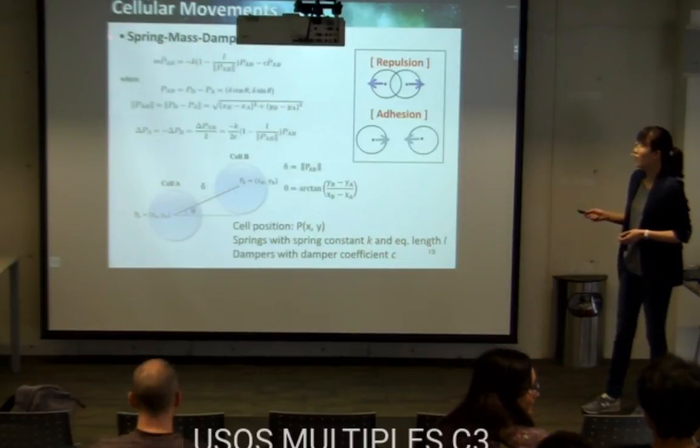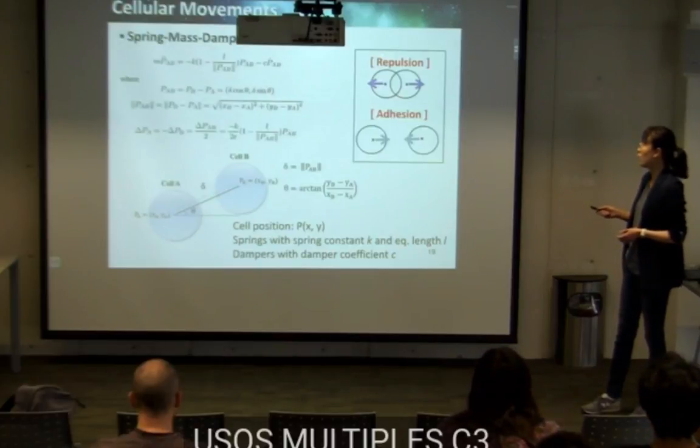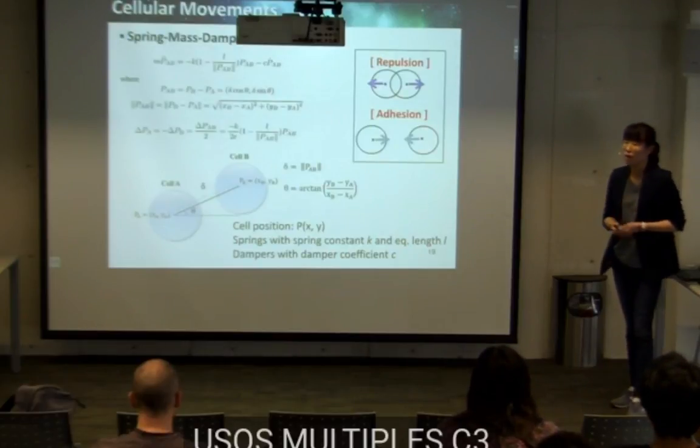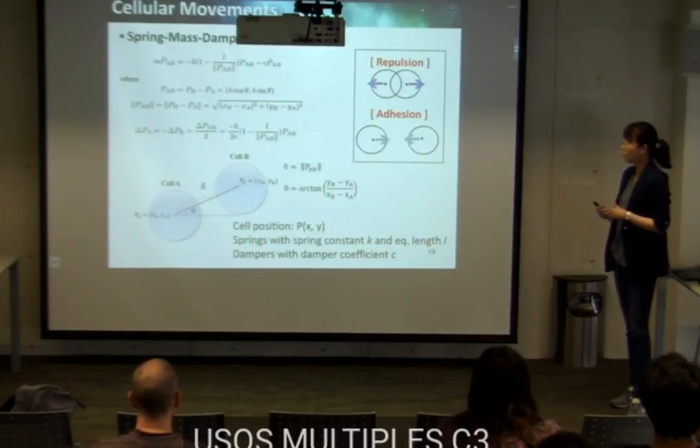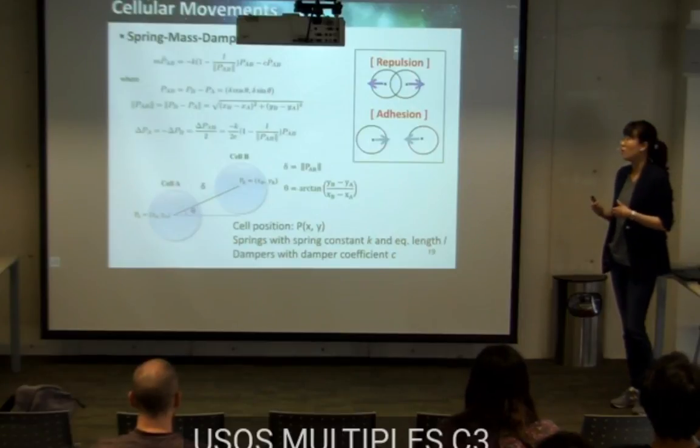Through the spring mass damper kinetics, physical interactions, repulsion and adhesion, occur in our model. So the repulsion and adhesion allowed the cellular movements.